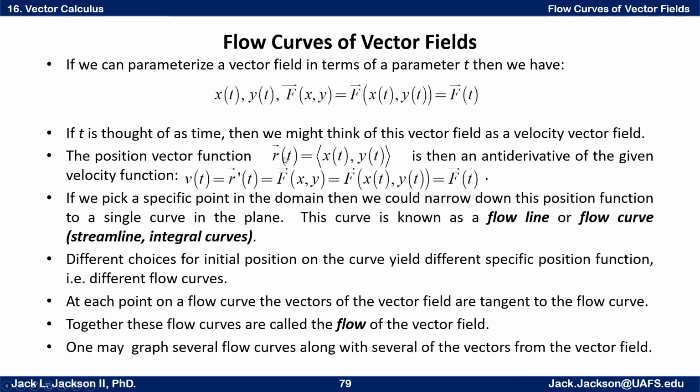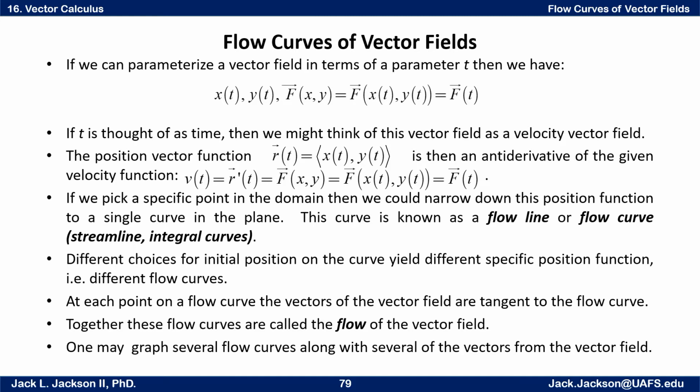You want to reconstruct r, you would have to do an antiderivative that's going to have the plus c, which is a plus constant vector in this case. And that's going to basically pick a particular initial point, and that gives you a different curve.